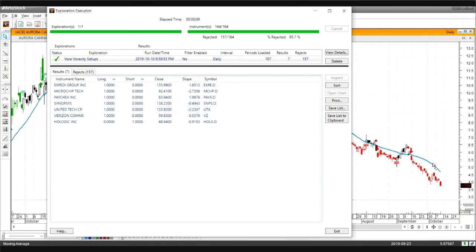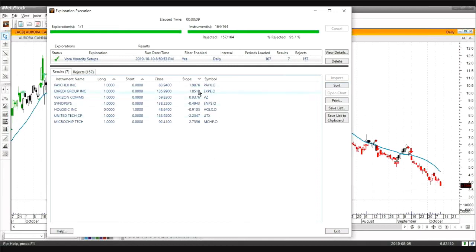Me and Jeff spent a lot of time trying to figure this out. I give most of the credit to him and his staff for figuring it out. And you can sort by that. Now, you want the biggest number possible, right? These ones aren't all that large, but the bigger the positive number means the more significant the slope higher. The larger the negative number means the bigger the slope lower.